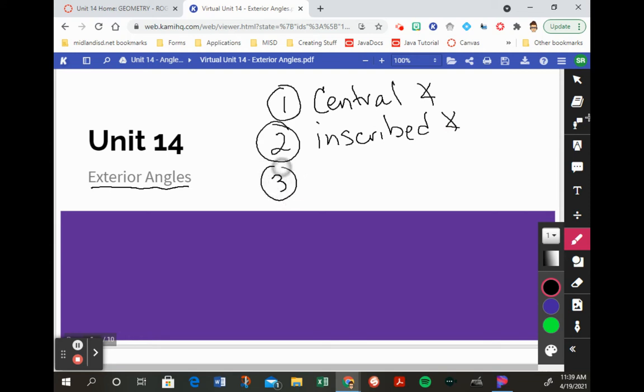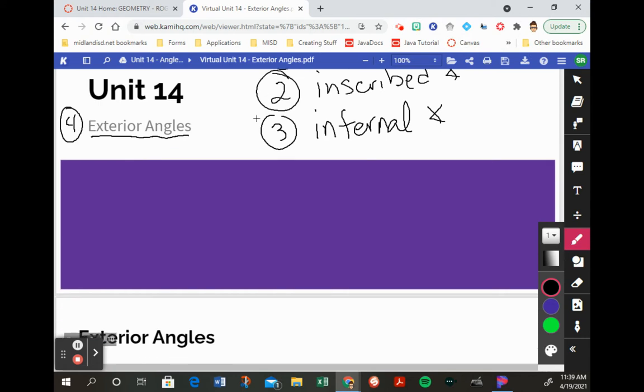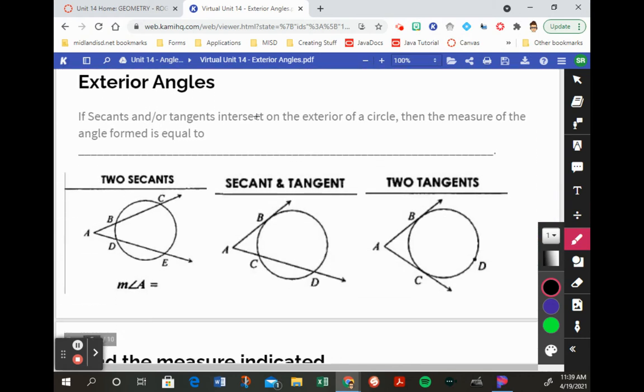Third one we talked about on our last video was internal angles. And now we're talking about number 4, external angles, or exterior angles, angles that are on the outside of the circle. So let's talk about external angles.